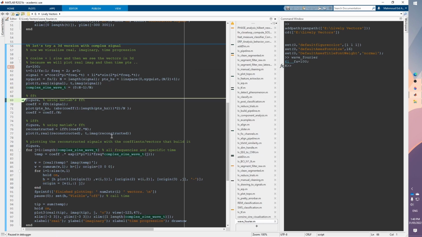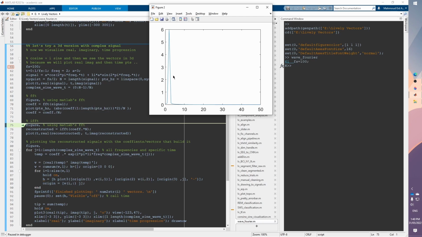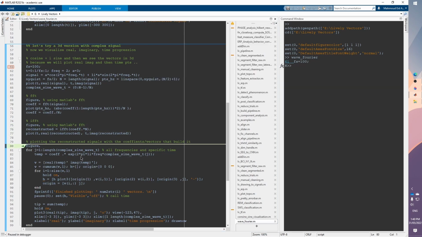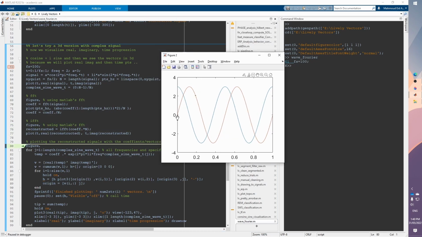Okay, so let's continue with this. Here I'm just plotting the frequency spectrum of this, and then here we are doing the inverse Fourier transform and then getting our signal back.